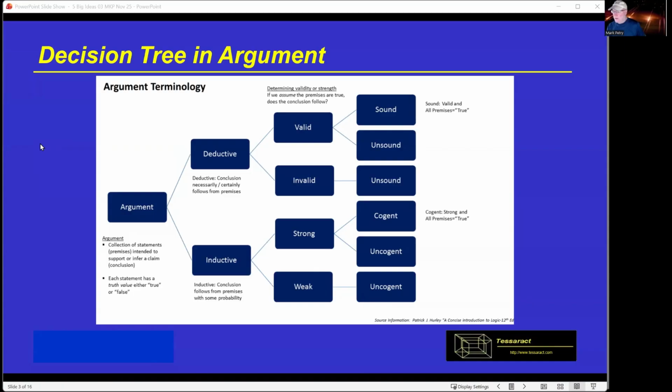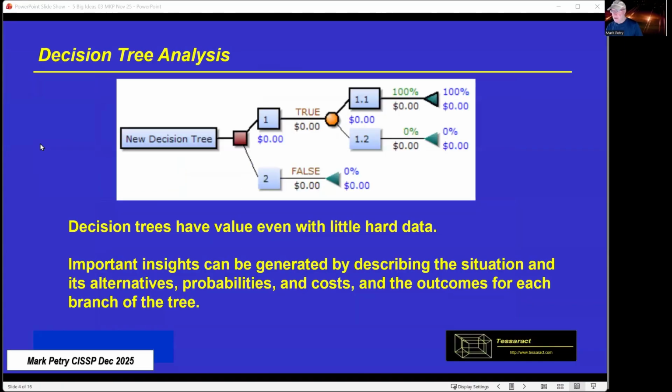And it's interesting to note that decision trees can help us arrive at important insights, even when there's comparatively little hard data to back them up.